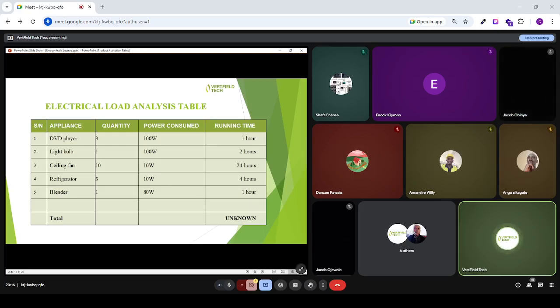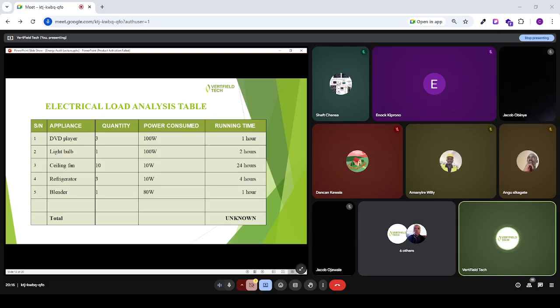He has told us he wants to power up his DVD player, his light bulb, his ceiling fan, his refrigerator, his blender, and these are the five appliances he wants to power using the solar system.